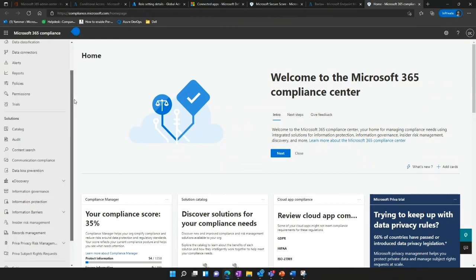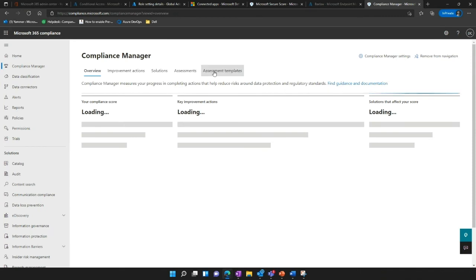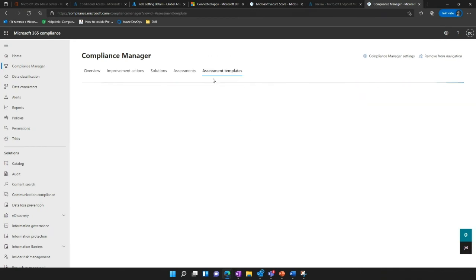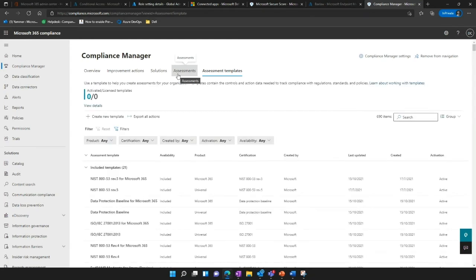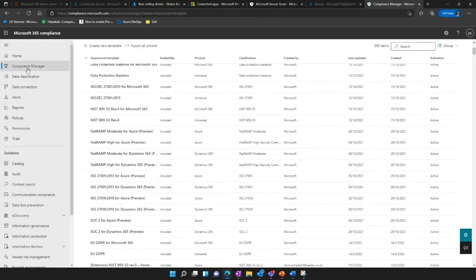So if you conform to a particular assessment that you need to conform to, ISO or NIST or something along those lines, then you can build an assessment or deploy one of the assessment templates, which will then give you improvement actions that you need to do aligned with that accreditation. So some really good stuff that you can do there out of the box with Compliance Manager.